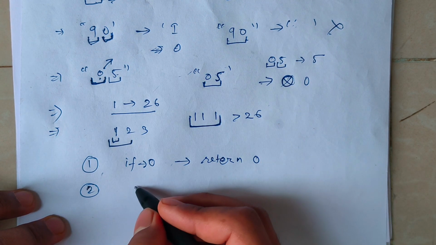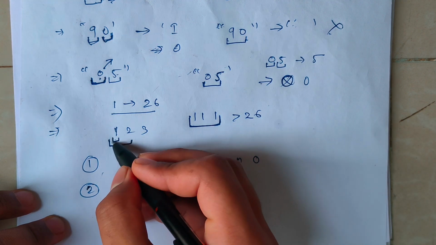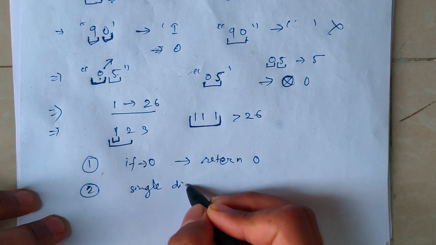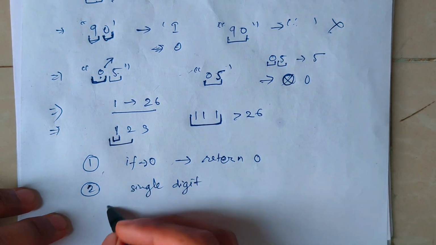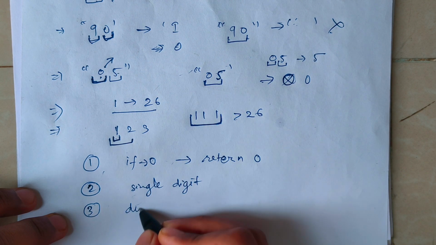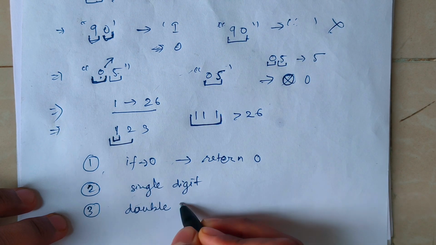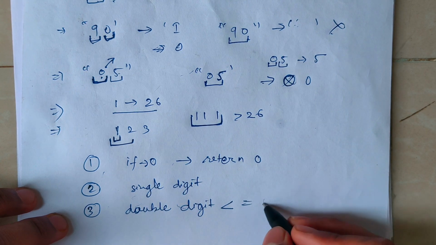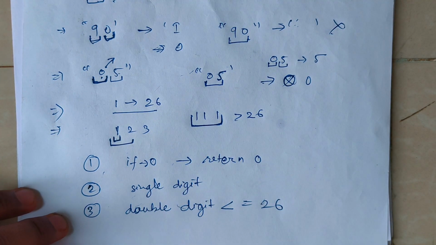The second point is we can have a single digit. And the third point is we can have a double digit which is less than or equal to 26, then only we can explore.